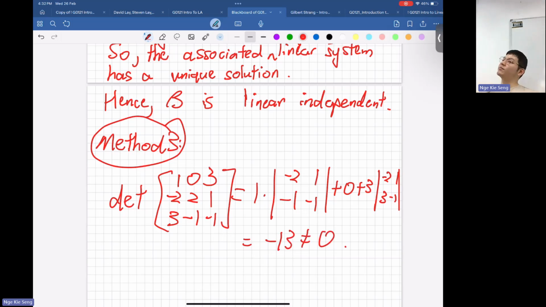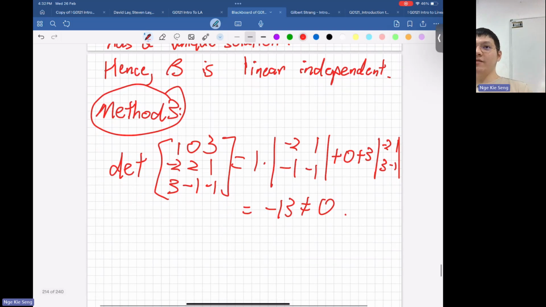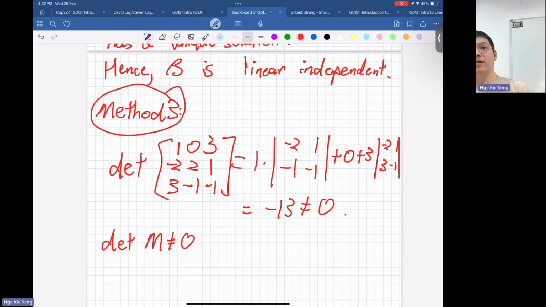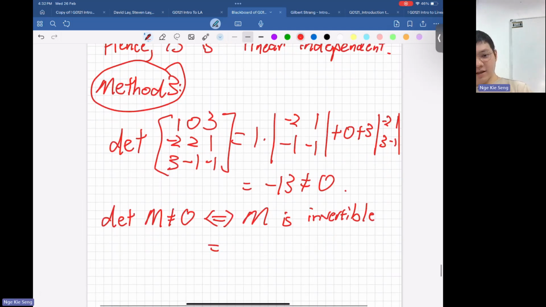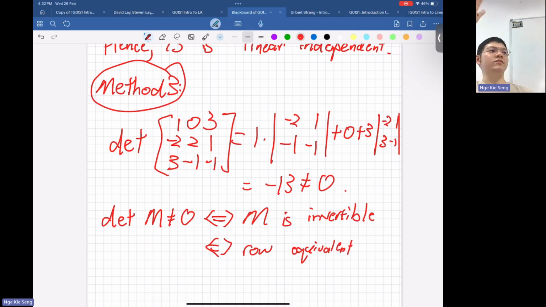Determinant non-zero means what? Remember the theorem. If the determinant is non-zero, the matrix is invertible. Good. That is also equivalent to being row equivalent to the identity, because you can row reduce to find your inverse, right?